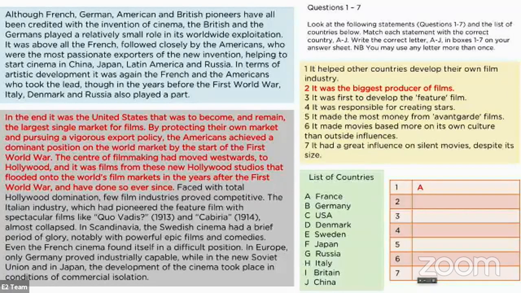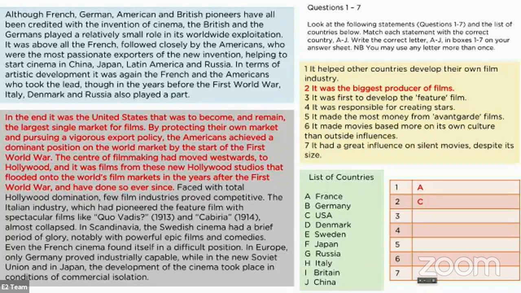By protecting their own market and pursuing a vigorous export policy, the Americans achieved a dominant position on the world market by the start of the First World War. The center of filmmaking had moved westwards to Hollywood, and it was films from these new Hollywood studios that flooded onto the world's film markets in the years after the First World War and have done so ever since. It is definitely C, USA.